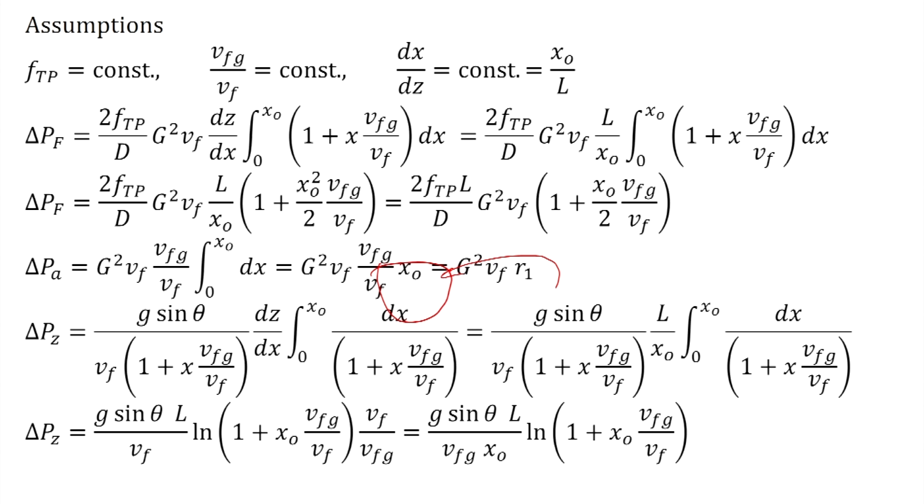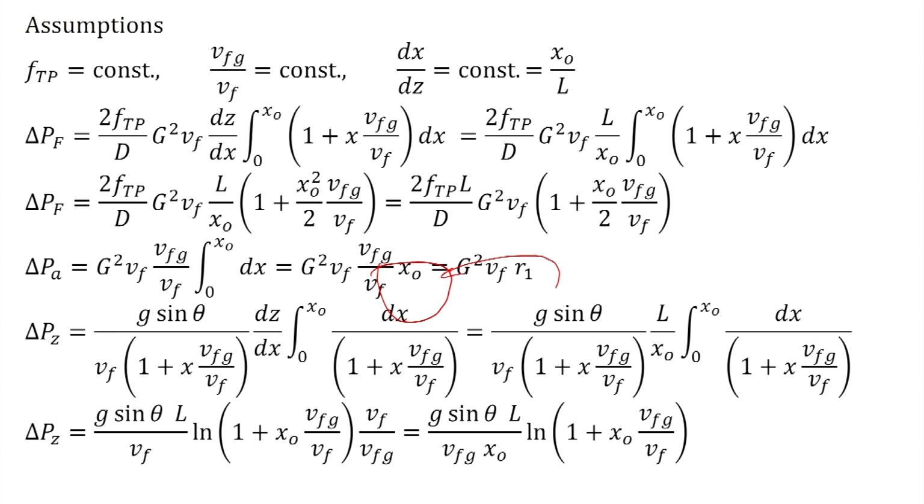So, we can write delta Pa as G square Vf R1. Later we will see that when we use the separated flow model, we get another expression which is called R2, and therefore, here this Vfg by Vf x naught is called R1.